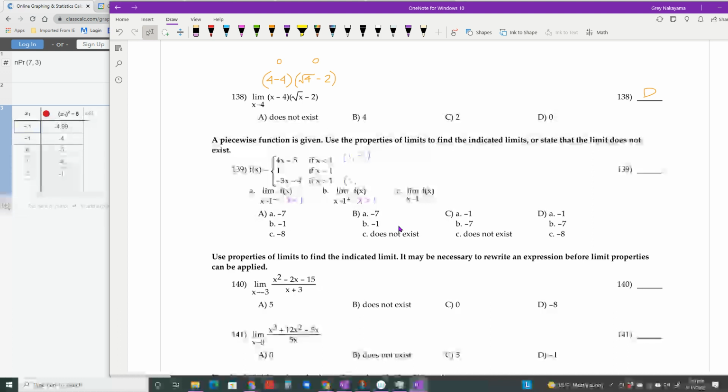So when I plug a 1 in here, negative 3 minus 4 is negative 7. Okay, so it's negative 7. And I should have done this first. I can already cross those out because the limit was negative 1 here, and here it's negative 7. But more importantly, because these are different, then I know the limit does not exist. So 139 is C. They have to be the same number for it to exist.